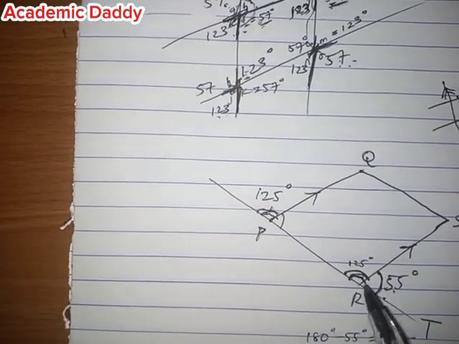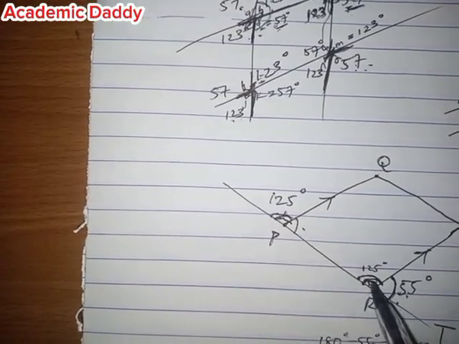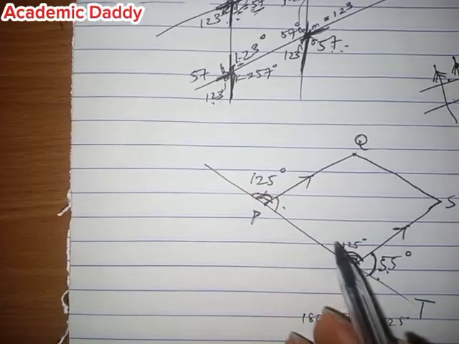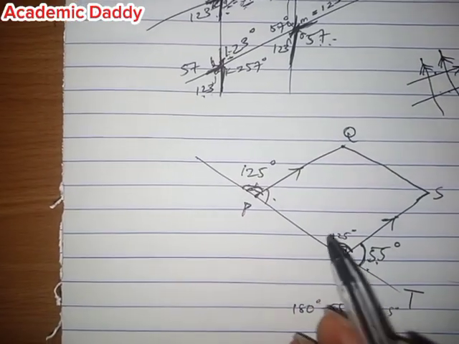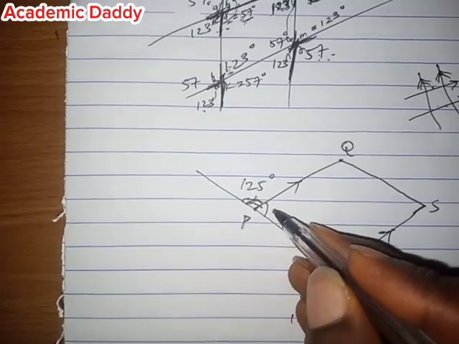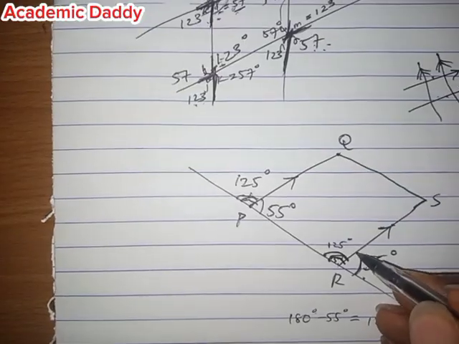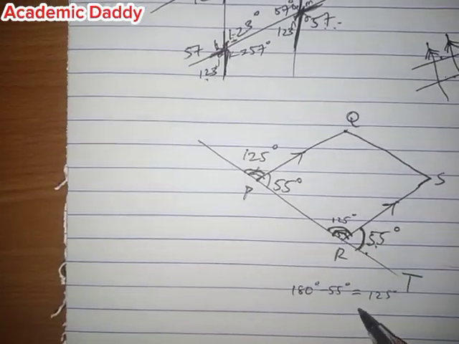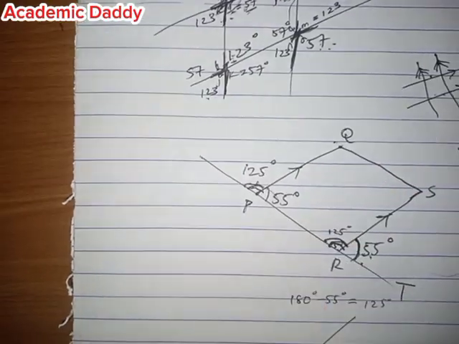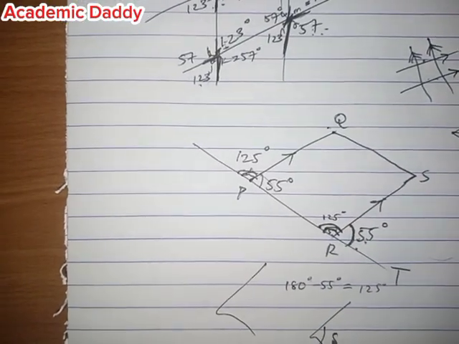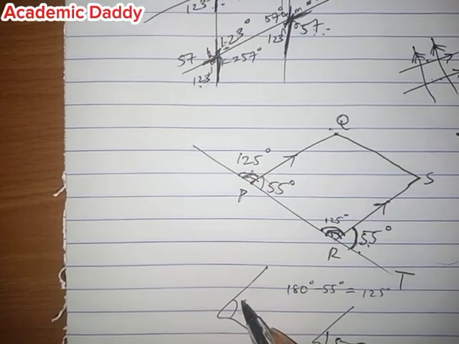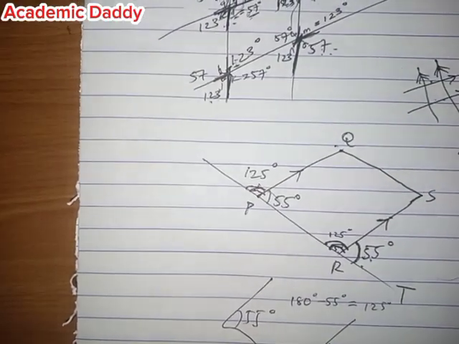And notice again, if this is inside, internal should add up to 180 degrees. Internal angles on a straight line should be equals 180 degrees. So this should be 55 degrees. If you don't want to do it like that, you could have said this angle here, notice everything here is the same thing with here. So if this is 55 degrees, this should be 55 degrees.